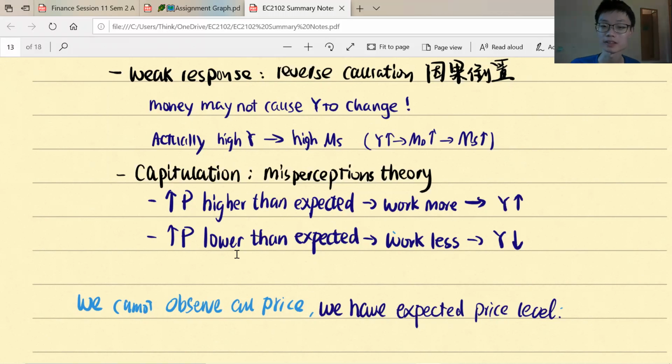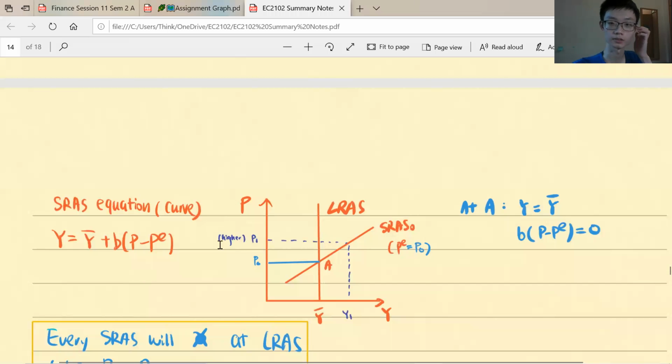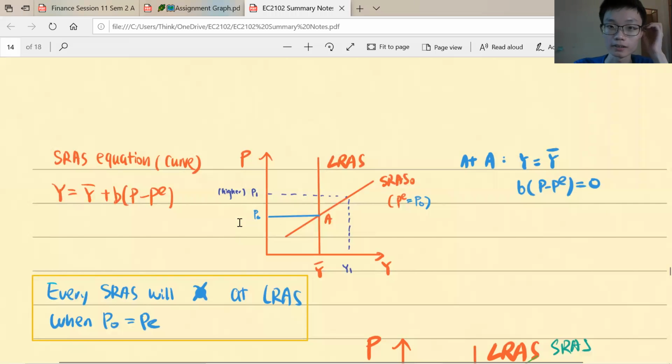We do not observe all the prices. We only have the expected price level. So right now, let's look at here. The SRAS equation is just that: Y is equal to Y bar plus B times P minus PE.